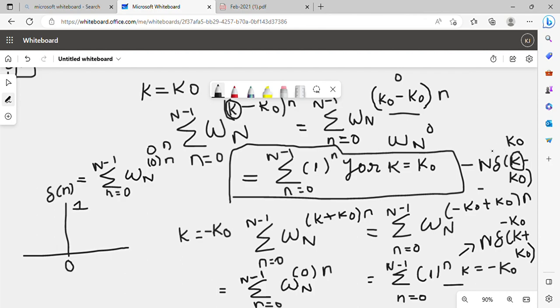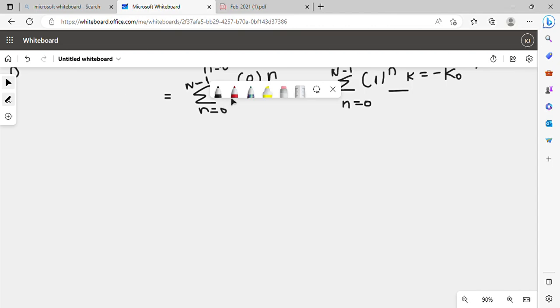Fine. So now I need to write my total resultant. My total resultant will be equal to 0 for k not equal to k naught. Why?